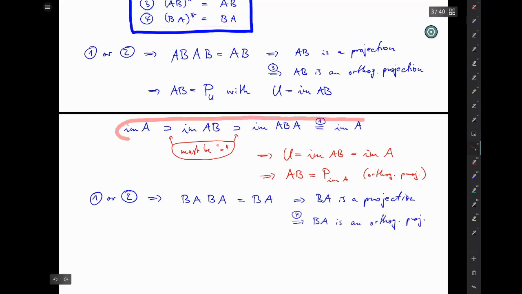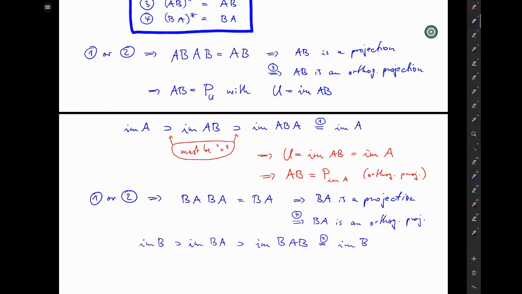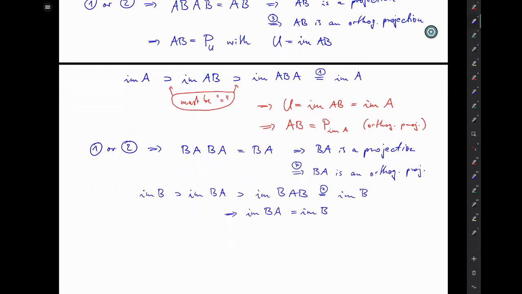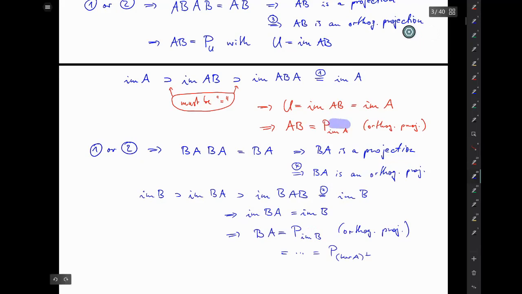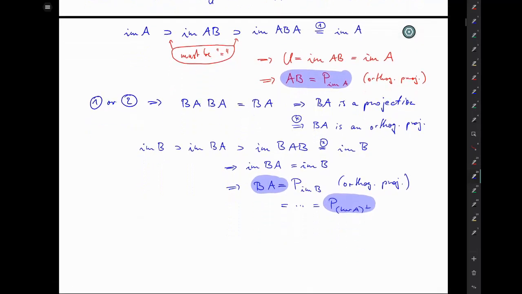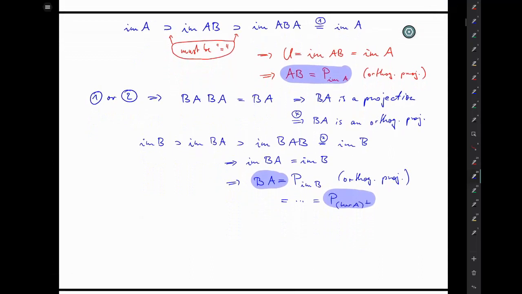And with the same trick as in here, you see that the image of BA equals the image of B, so that BA is the orthogonal projection in X onto the image of B. And then you have to work a little more to see that the image of B is just the orthogonal complement of the kernel of A. And because orthogonal projections in Hilbert space are uniquely determined, it's clear up to here that B times A and A times B are uniquely determined by the conditions 1, 2, 3, 4. No, actually there is no 5.